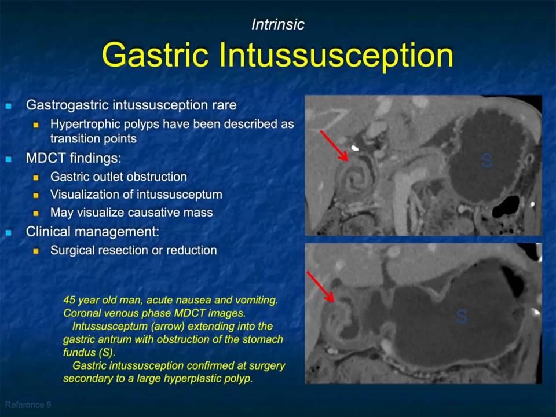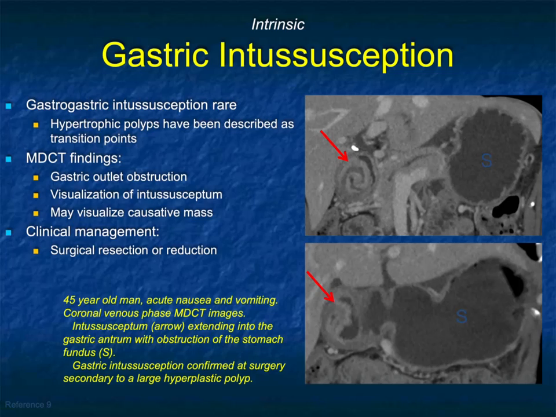But gastric intussusceptions can occur as well, but they're typically rare. We've seen it with hypertrophic polyps, as in this case, but we also can see it with things like lipomas. The typical CT findings: gastric outlet obstruction, visualization of the intussusception, and again, you can often be specific as to its cause.